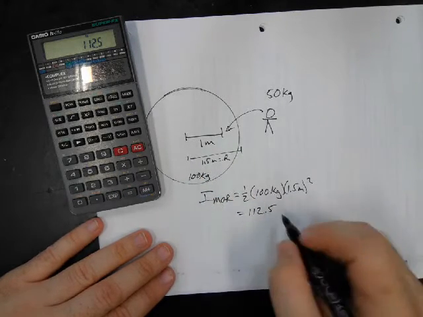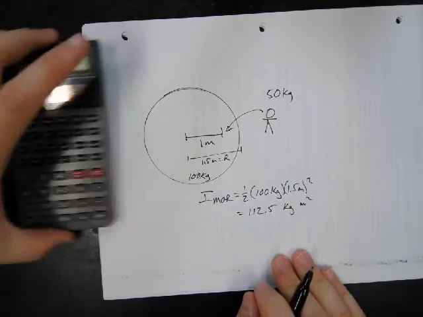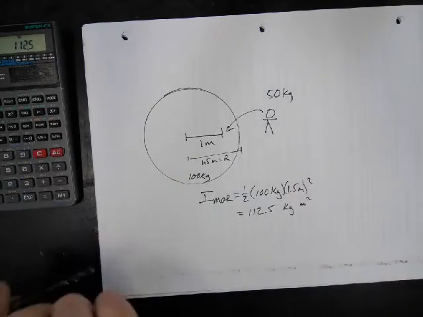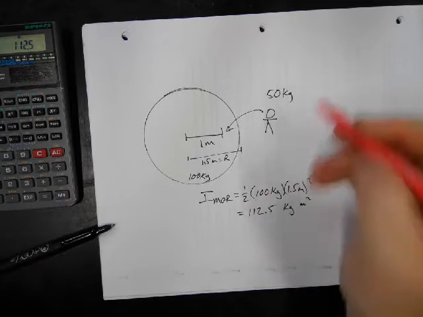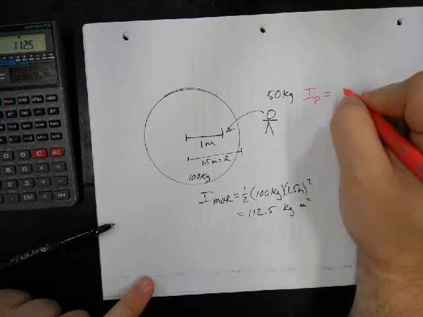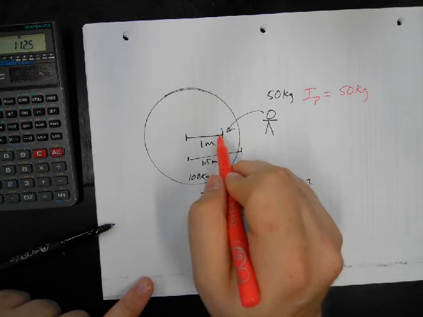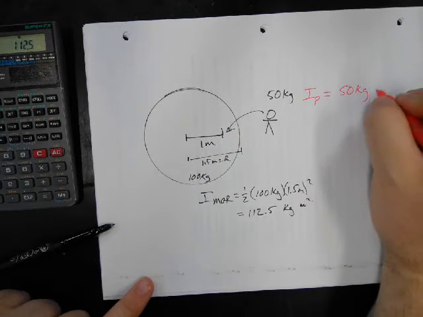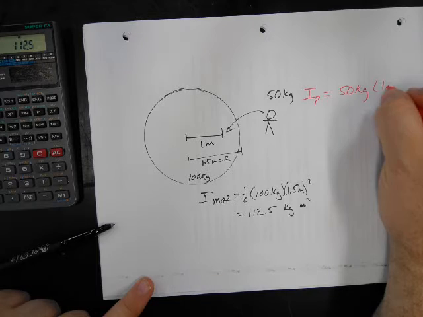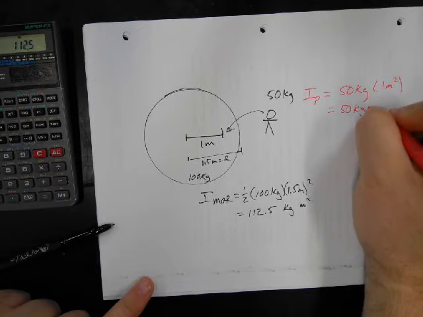Units for moment of inertia is kilogram meter squared. So when the person jumps on, their moment of inertia is going to be 50 kilograms because they're a point mass jumping on. It's just going to be mr squared times 1 meter squared is 50 kilogram meter squared.